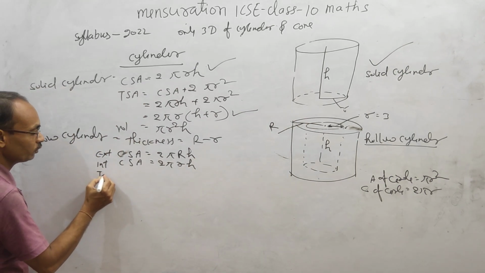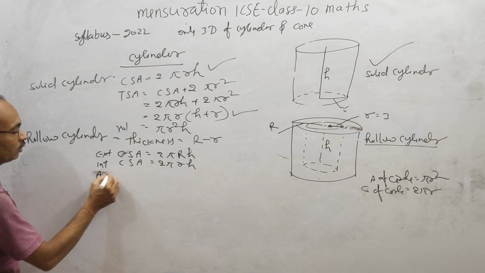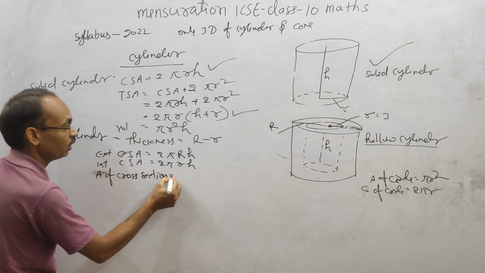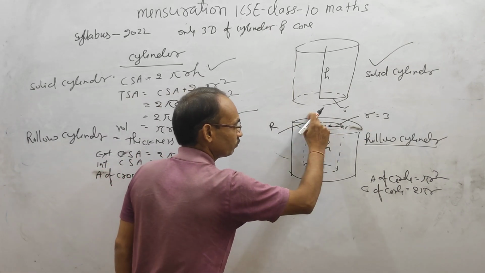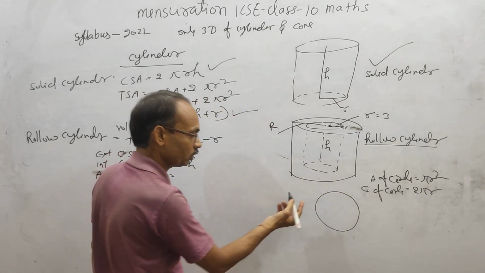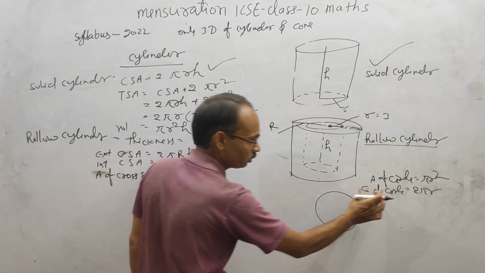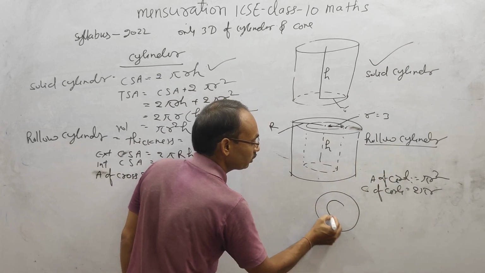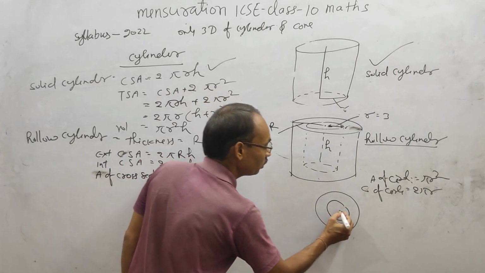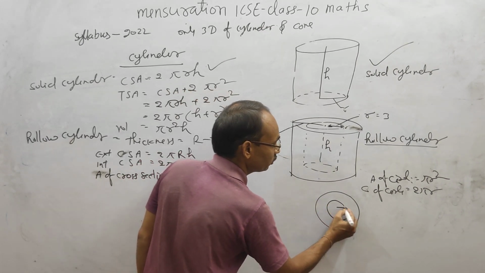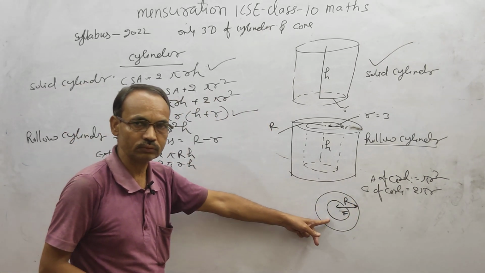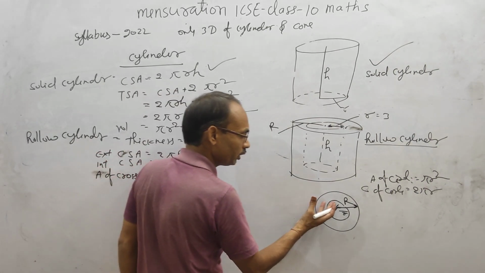And then the area of the cross section, meaning this area. You know that the area of a circle is pi r square. If there is a hole cut in it, then the area of the bigger circle is pi R square and the smaller is pi r square. This is small r and this is capital R. Then what will be the area?